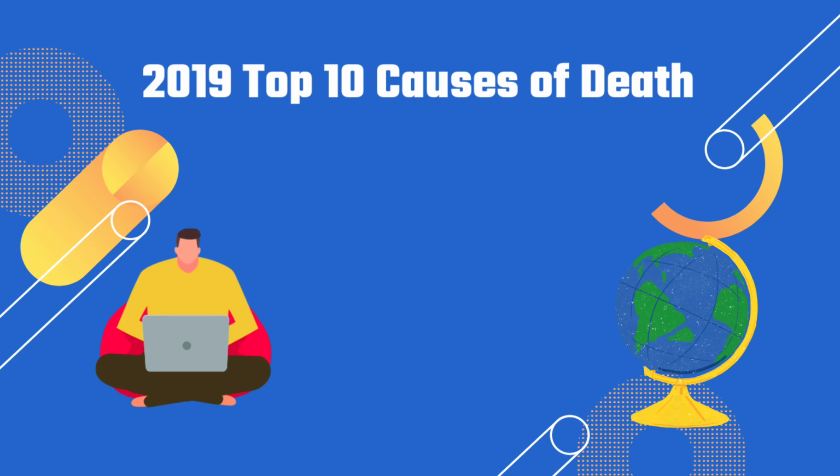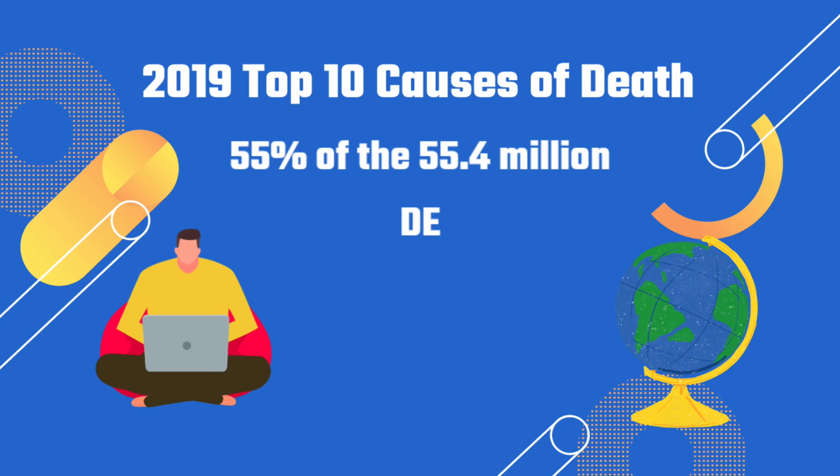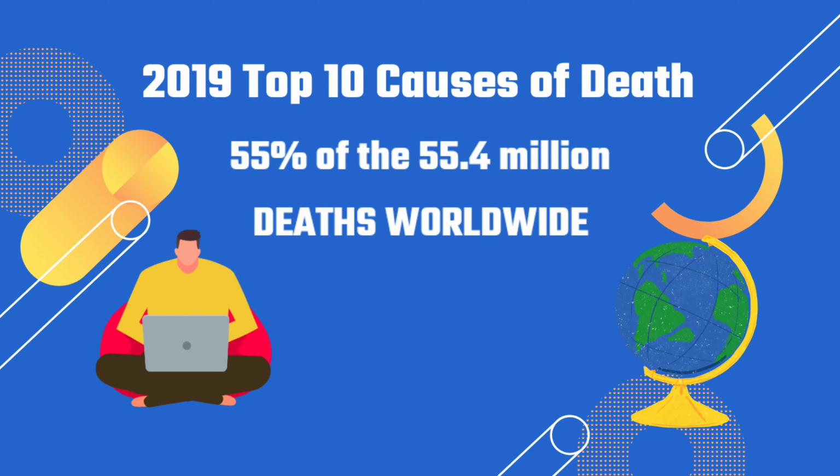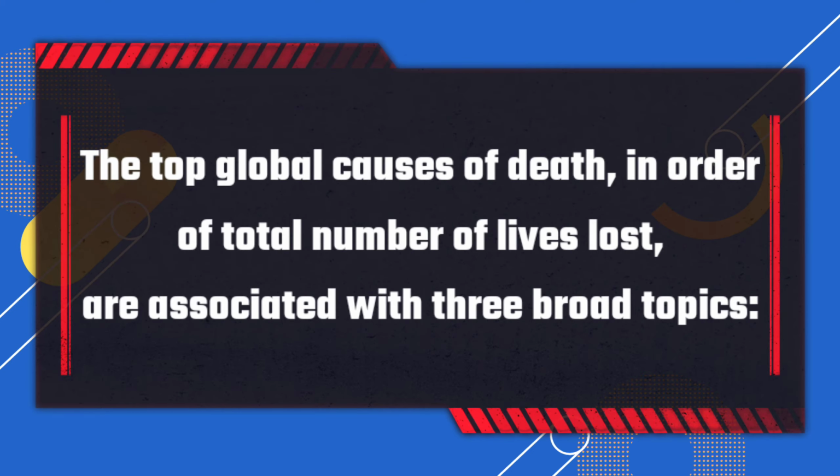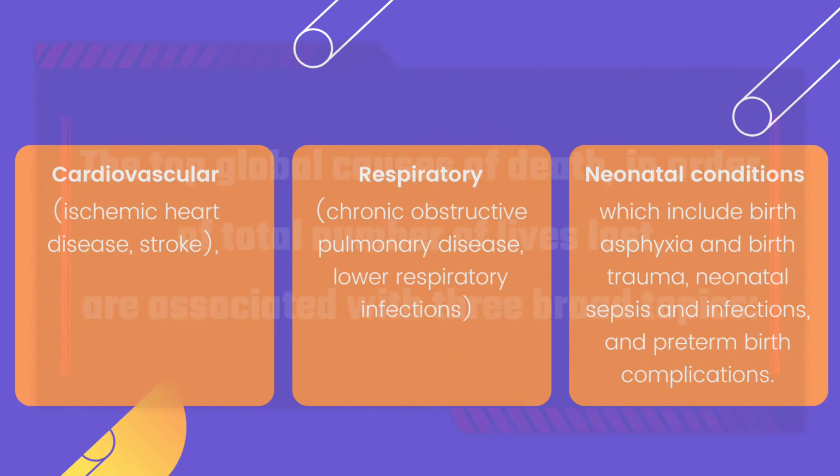In 2019, the top 10 causes of death accounted for 55% of the 55.4 million deaths worldwide. The top global causes of death, in order of total number of lives lost, are associated with three broad topics. Number 1, cardiovascular. Number 2, respiratory. Number 3, neonatal conditions.